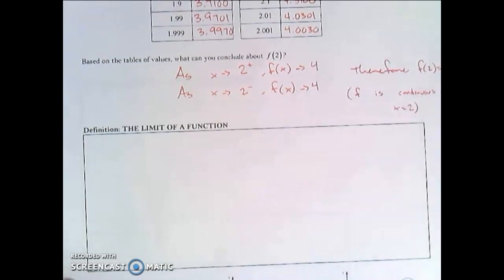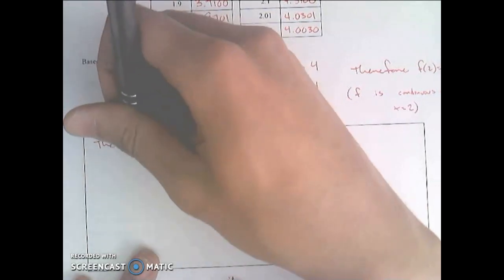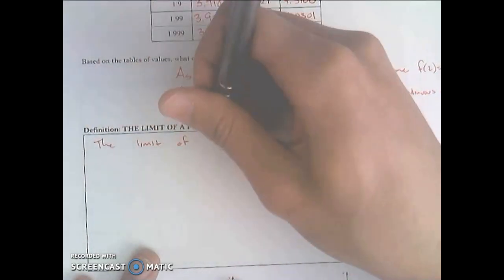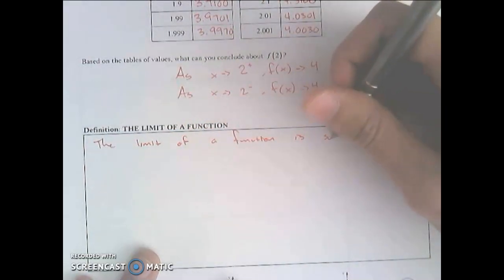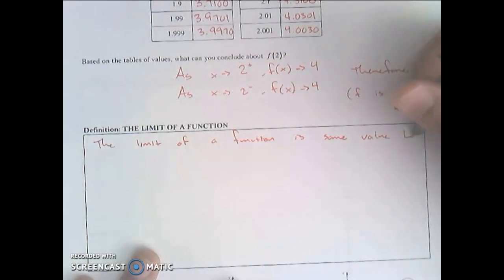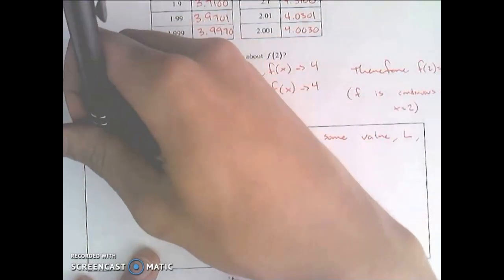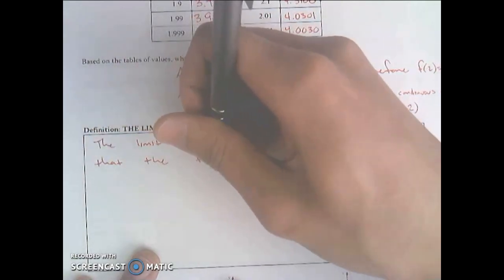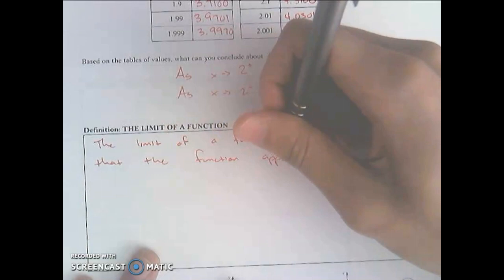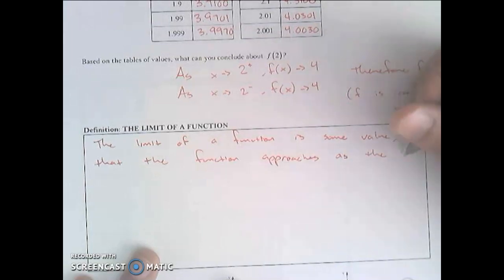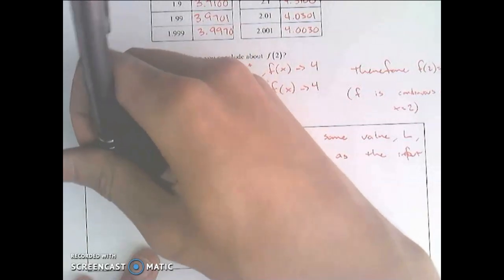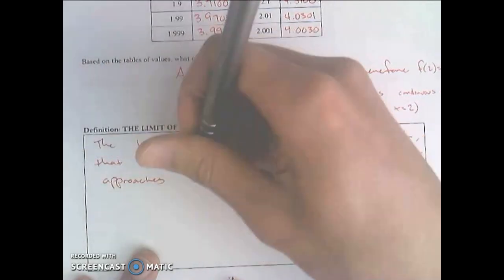Okay, so let's define the limit. We can say the limit of a function is some value L, that's capital L, that the function approaches as the input, usually it's a function of x, approaches some value a.